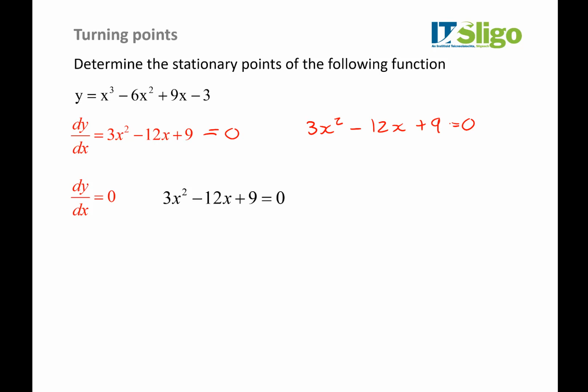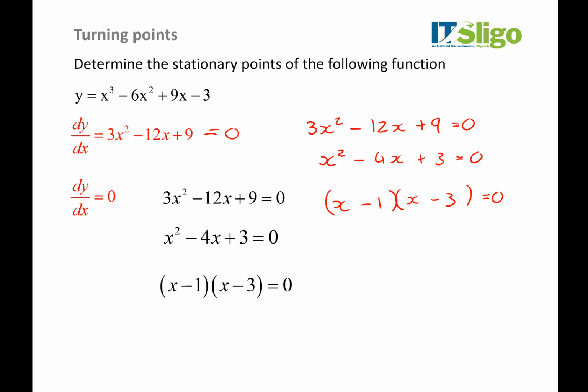So what I would do here, because it's equal to 0, we could divide across by 3. And then we'll factorize. I won't spend ages on it. x minus 1 and x minus 3. Quick check, that's okay. And there's our factors.